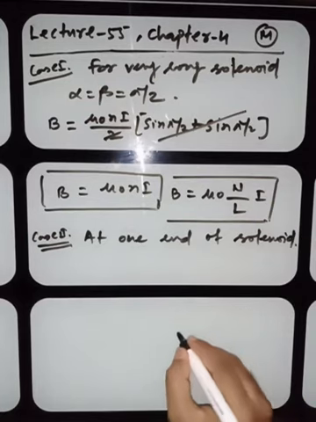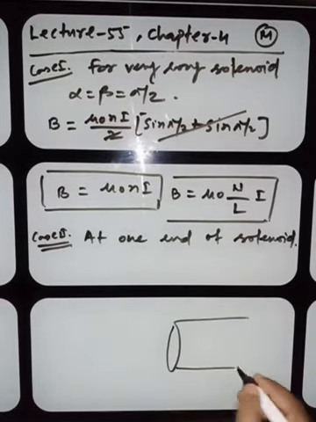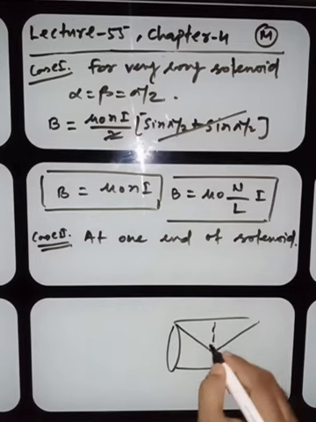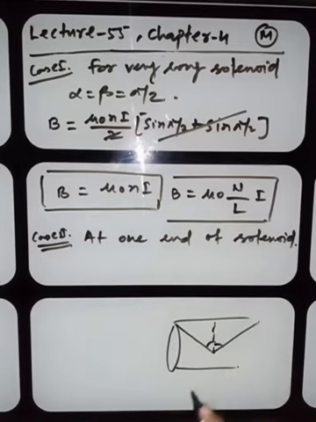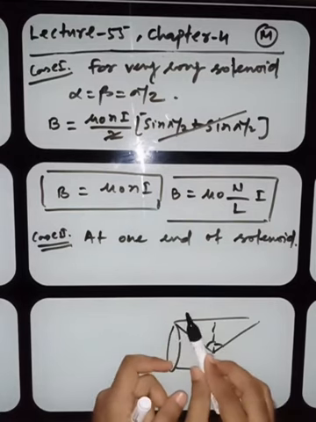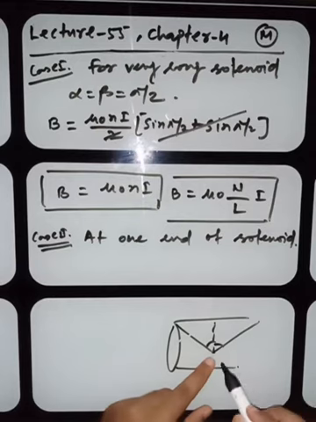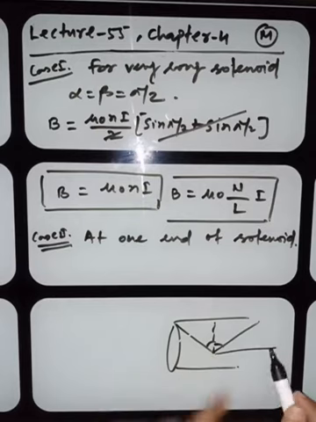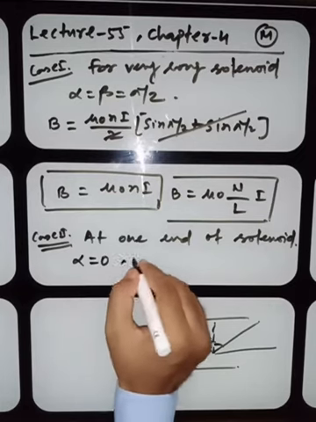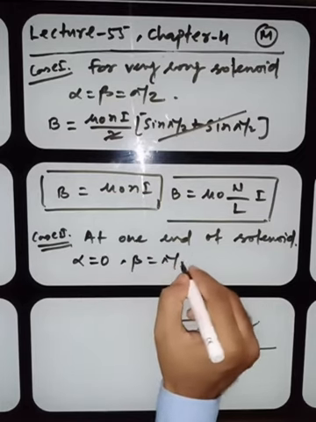If you wish to find the magnetic field at one end, of course this was the angle alpha and beta, but at one end this theta will decrease and it will be 0, and if the solenoid goes to infinity, then alpha will be 0 and beta will be pi by 2.